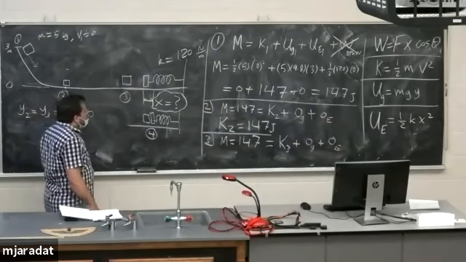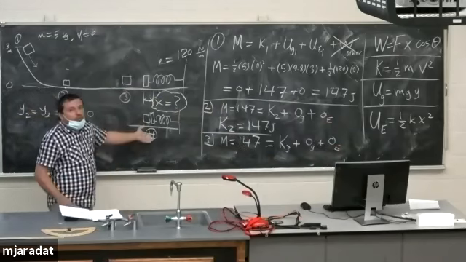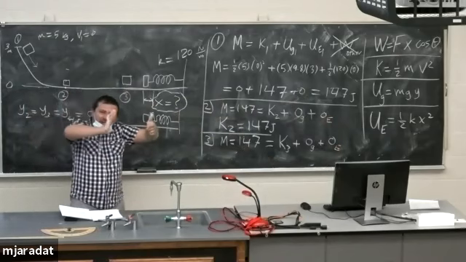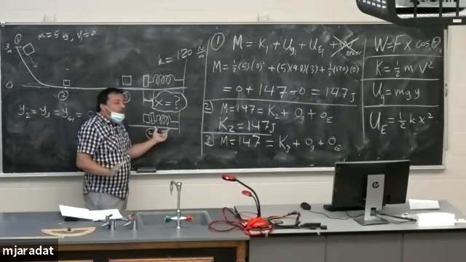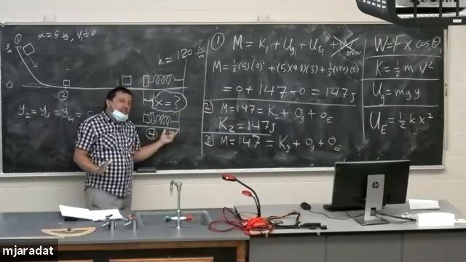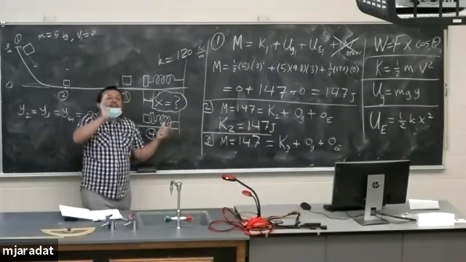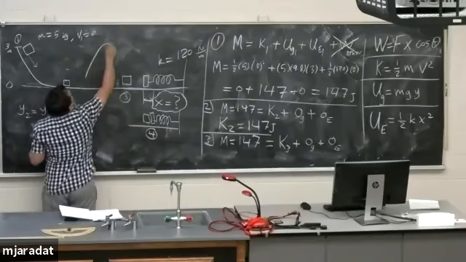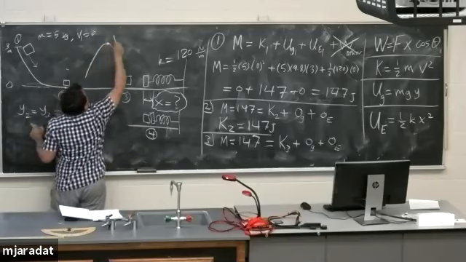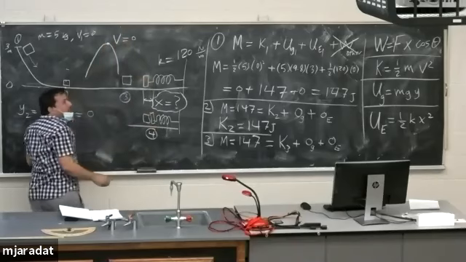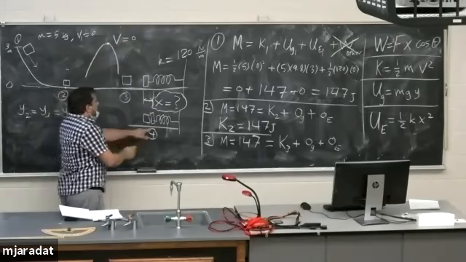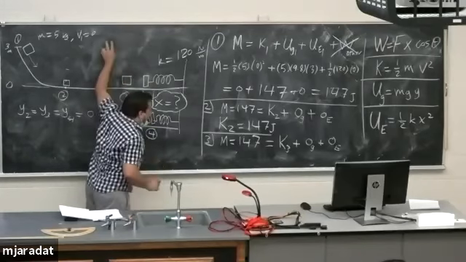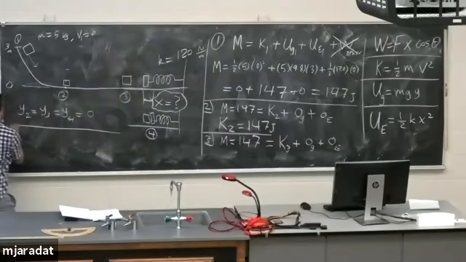Now, what about the fourth point? At the fourth point, the force pushed the spring, the maximum push, the maximum distance. At maximum distance, remember the projectile motion, at the maximum y, the velocity is equal to 0. What is the velocity at maximum distance? This is at point 4.